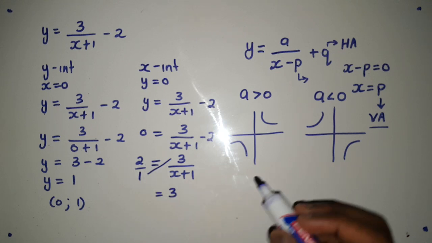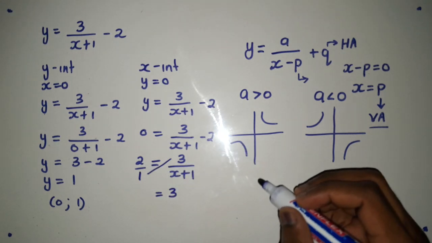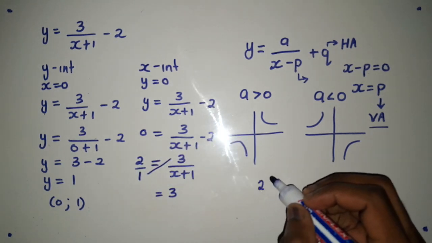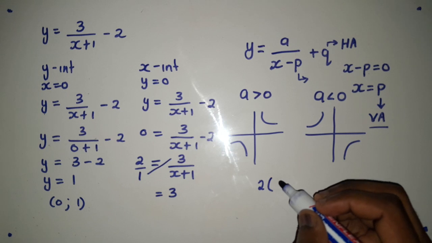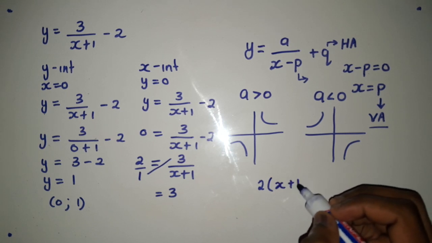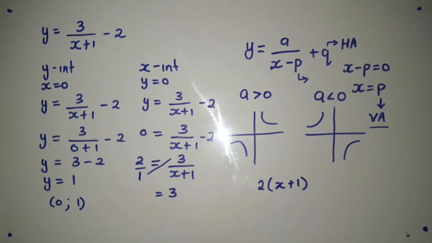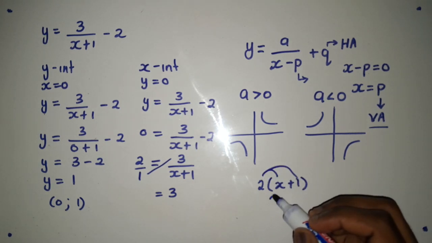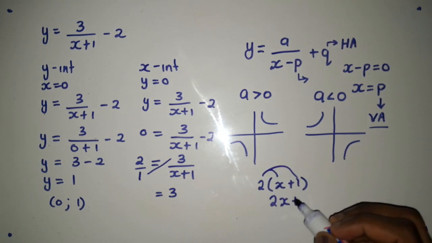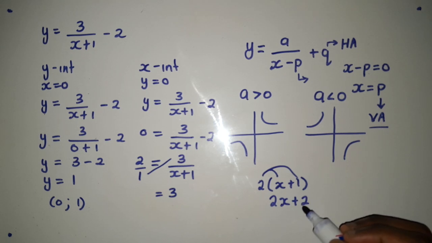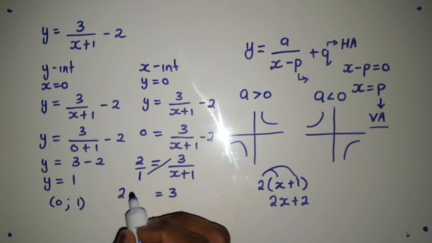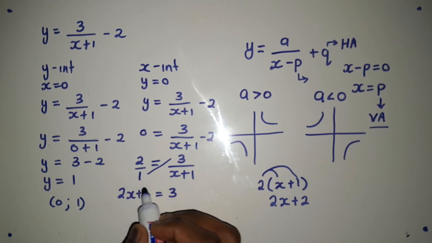Then on this side, 2 multiplied by (x plus 1). If I factorize this, I'm going to get 2x plus 2. Let me write it here: 2x plus 2.